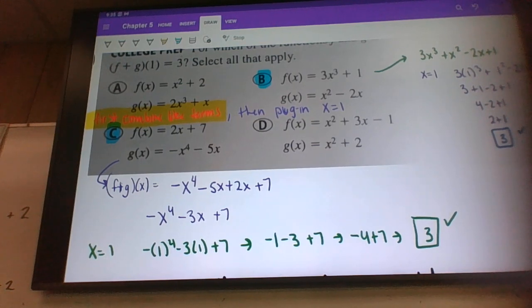Now I'm gonna put 1 into there. You got this. So B and C both work. The answer is B and C. I got it right. That's crazy.